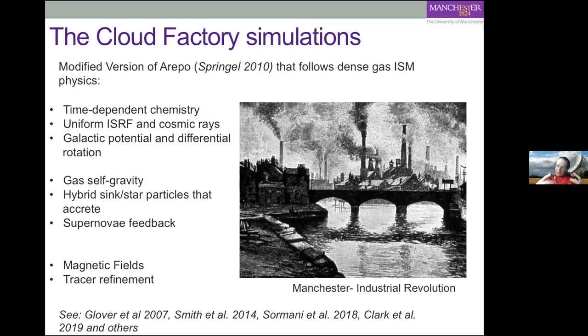And that allows the simulation to proceed beyond the point where your first object tries to collapse to a star. So you don't have to go all the way down to stellar densities. And in some of our simulations, we also have magnetic fields.